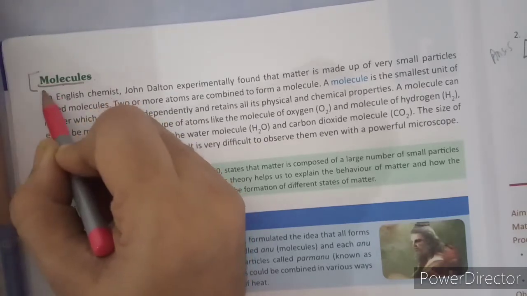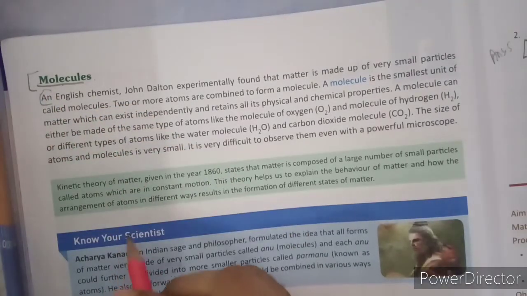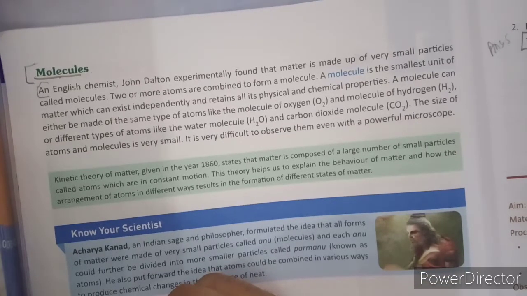Mark from the first line. You have to write, that is, an English chemist John Dalton experimentally found that matter is made up of very small particles called molecules. Two or more atoms are combined to form a molecule. A molecule is the smallest unit of matter which can exist independently and retains all its physical and chemical properties.